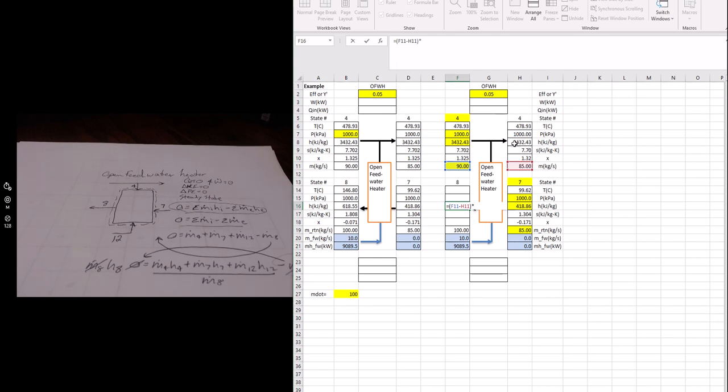I'll go ahead and grab it from here, I guess. Plus m dot 7, which is this, times H7, plus, I've sent that value in already multiplied, so this is m dot times H. So that's this one.